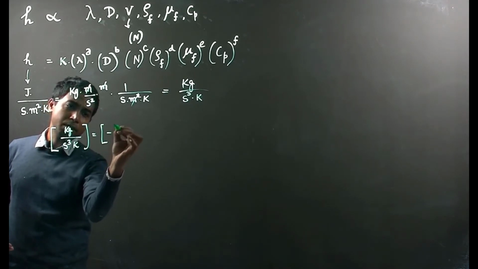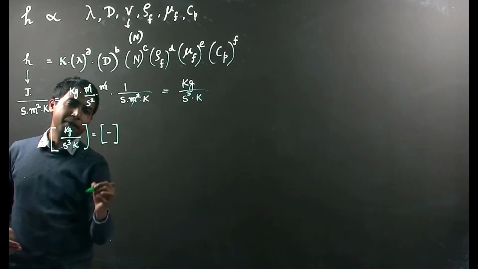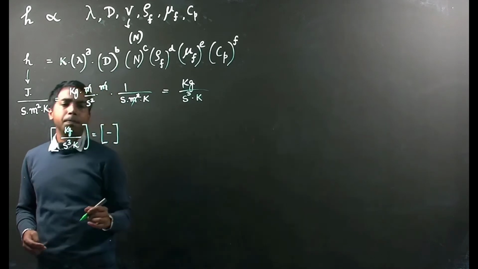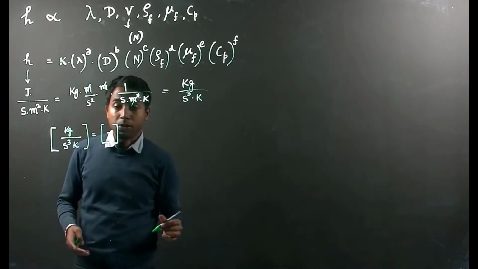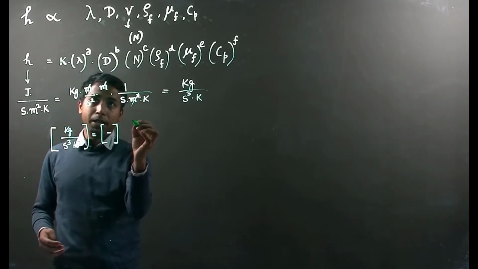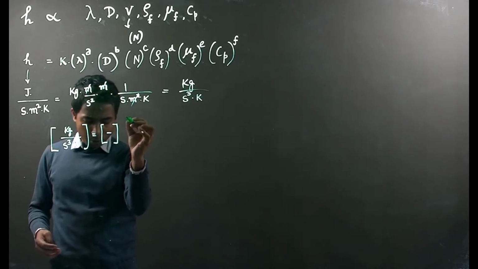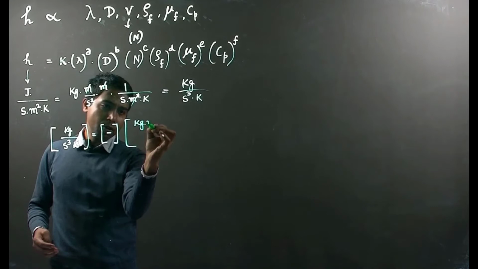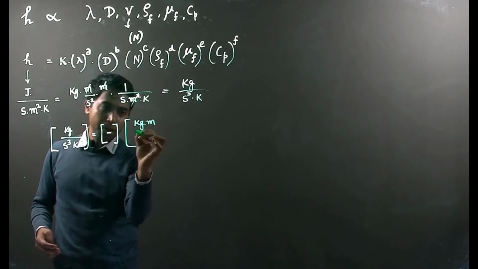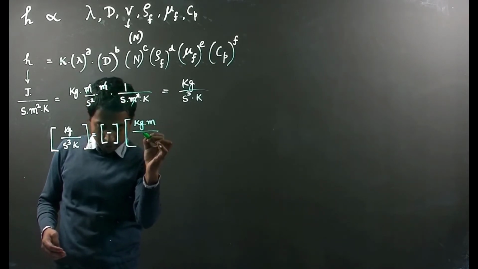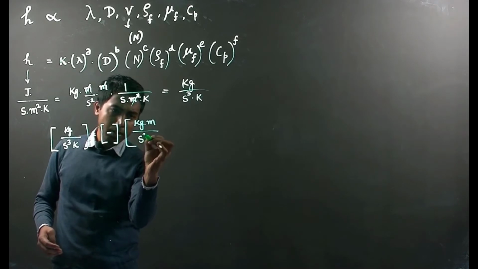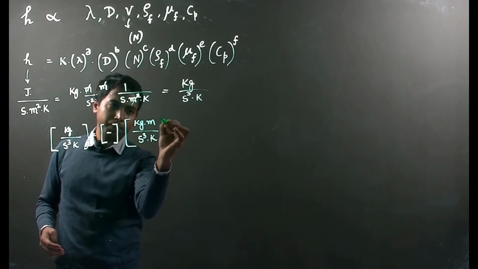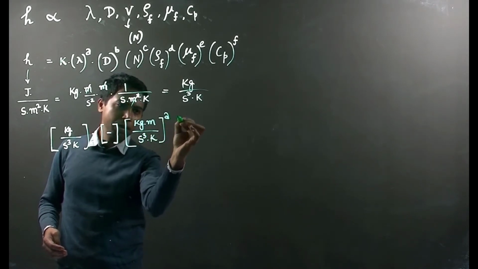On the right hand side, it's easier. For the dimensionless constant k, you do not have any dimension or unit. Then we go to the next ones. For conductivity, it is kilograms meter per second cubed Kelvin, to the power a.